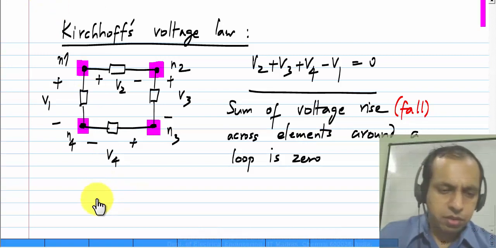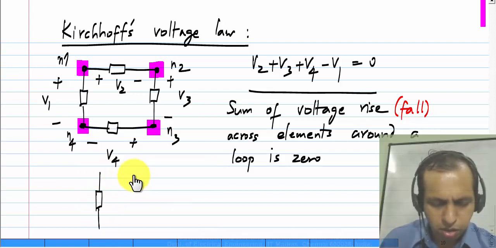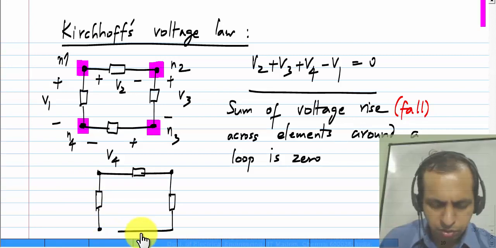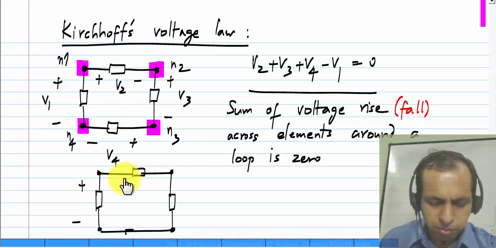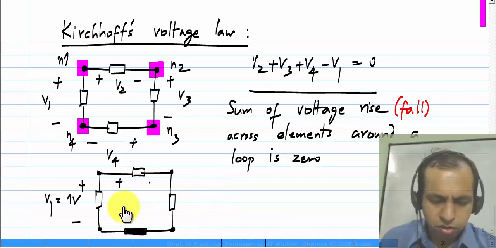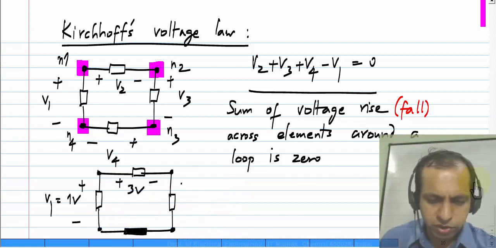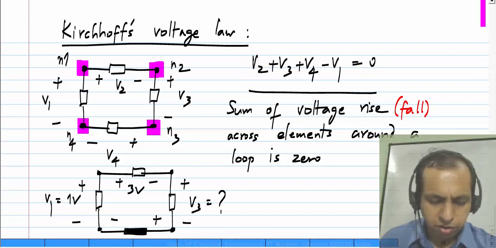So, what does this mean? Why is this useful? Let us say you know that, let me take the same circuit again. V1 is 1 volt, V2 is 3 volts, V3 is unknown, and V4 is 5 volts.